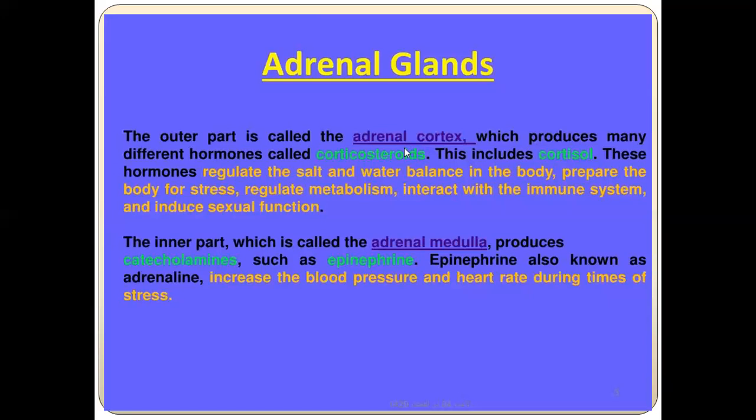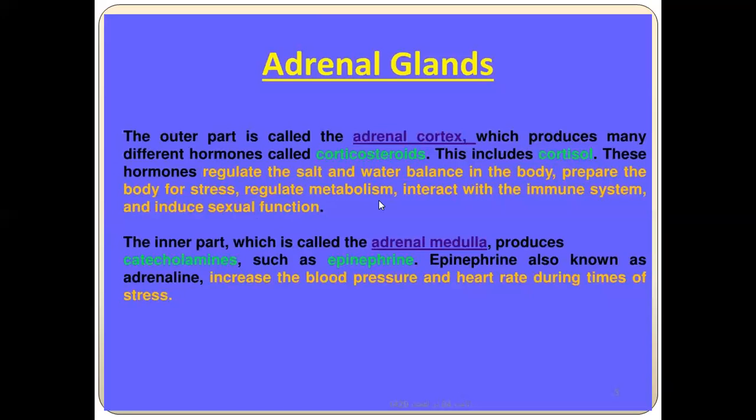These hormones secreted by the adrenal cortex regulate the salt and water balance in the body, prepare the body for stress, regulate metabolism, interact with the immune system, and induce sexual function. This is the outer part of the adrenal gland.